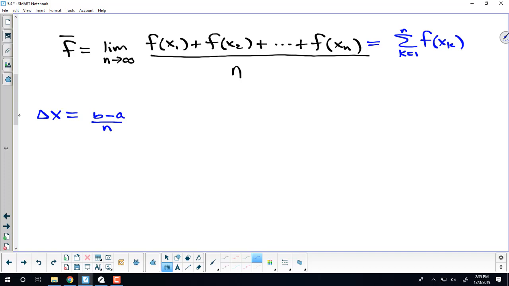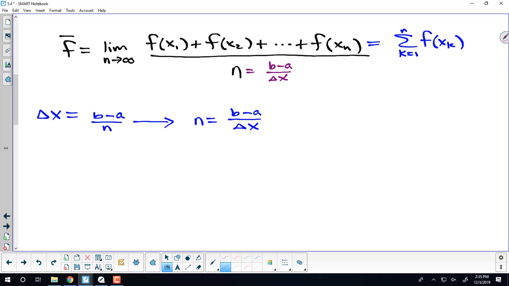That n is the same n as we have here because it's still the number of rectangles. So I'm just going to rearrange this. If delta x is b minus a over n, then we can solve for n and say that it's b minus a over delta x. So that's what we'll put here instead. This is b minus a over delta x.